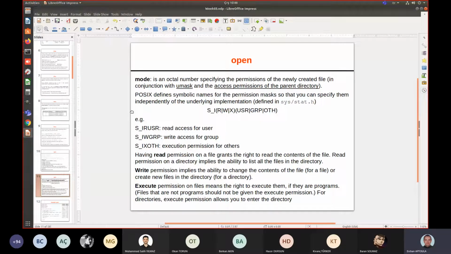But do not forget that the final permissions of that newly created file also depend on the system UMask and the access permissions of the parent directory. Let's say that you want to create a file inside a directory, but that directory hasn't given you a write permission.